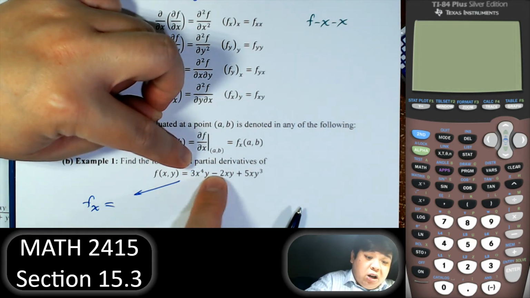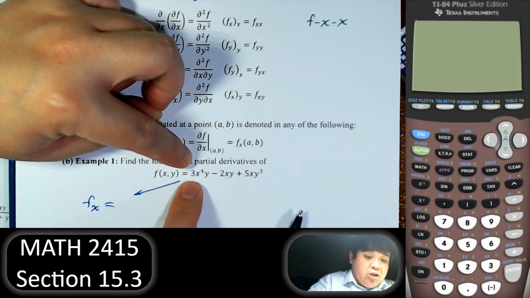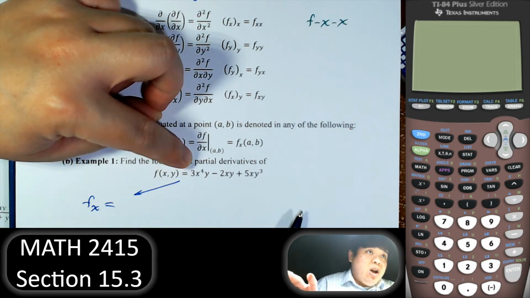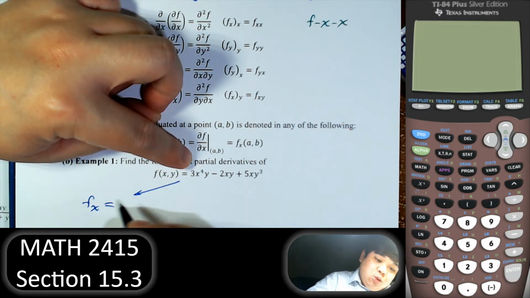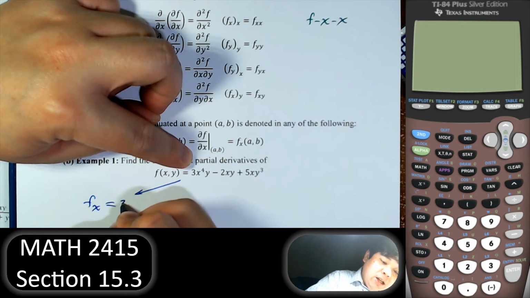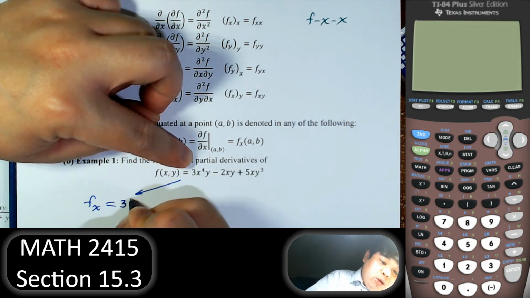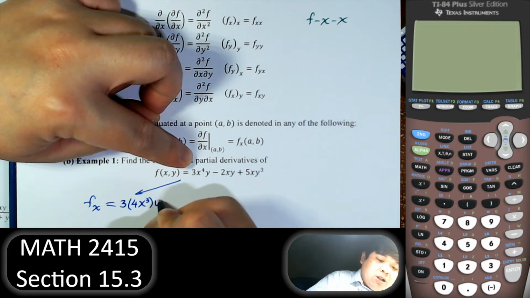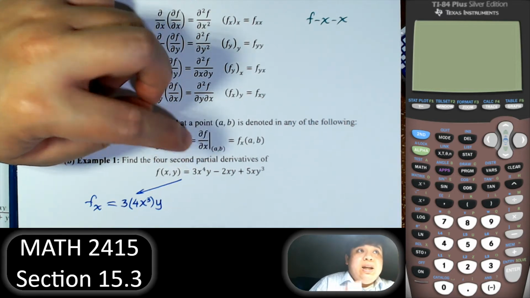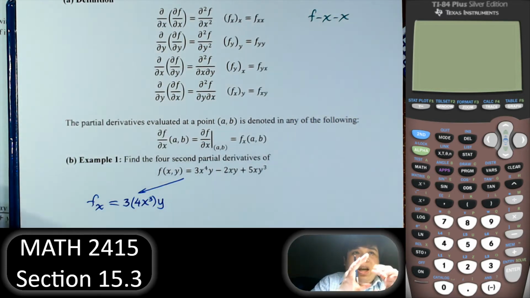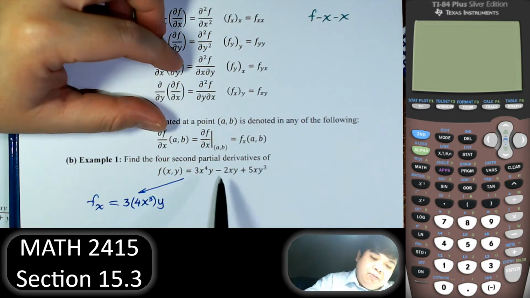So when we have the product of this, don't use the product rule because there's only one x, everything else is constant. So the derivative of this with respect to x is going to be 3, that constant, times x to the 4th, 4x cubed, and then that y is a constant. The constant will stay, just take the derivative with respect to x, and all the constants will stay as is.